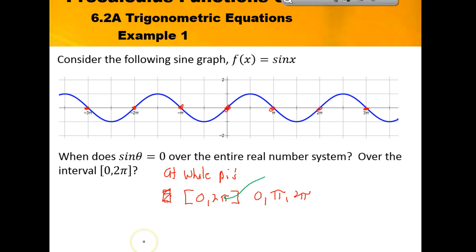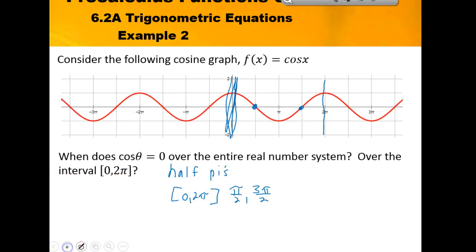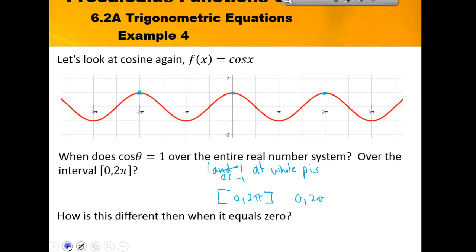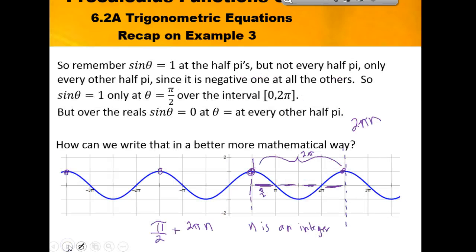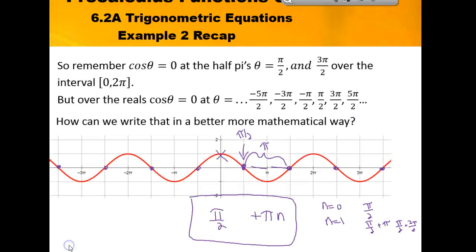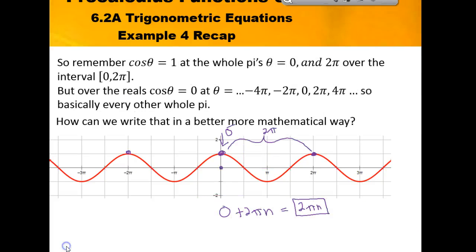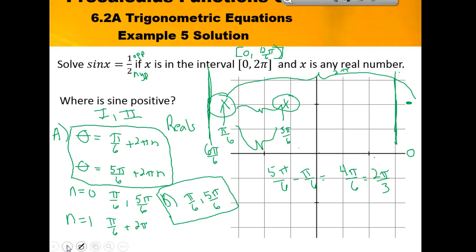Couldn't find my cursor, sorry about that. Alright, there we go. Up here. No, I don't want that. Actually, I want to go here. Okay, there we go. Nope, next one.